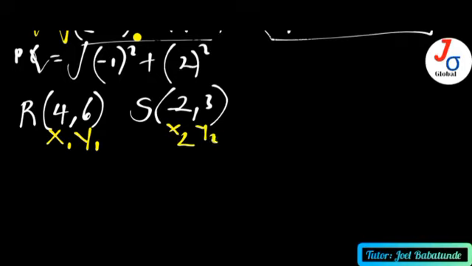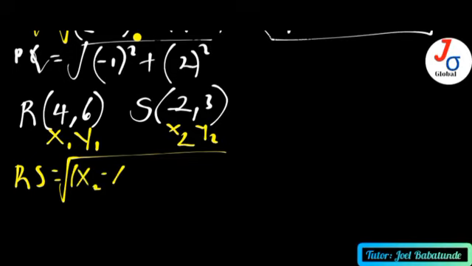Okay, remember the formula? So RS then will be what? RS has to be square root of x2 minus x1 squared plus y2 minus y1 squared.